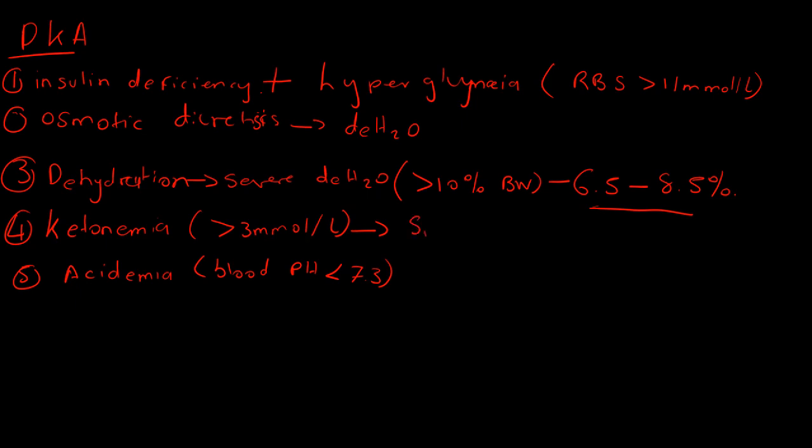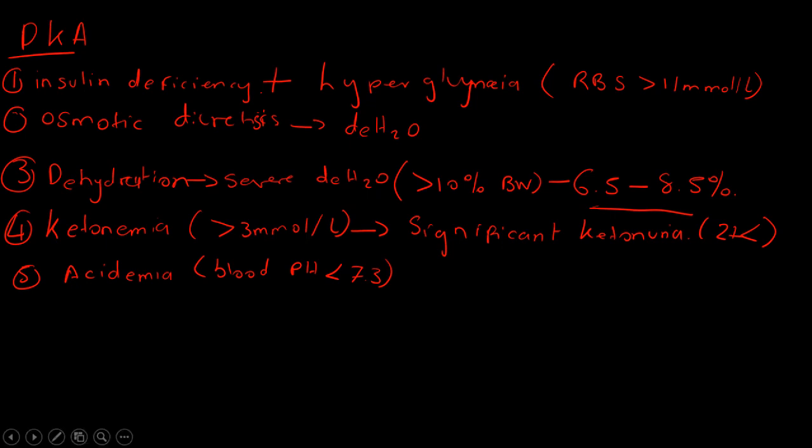We call this a significant ketonuria. And this significant ketonuria is going to be graded, meaning that if someone has ketones that are 2 plus or more in the urine, then you say that this person has DKA.